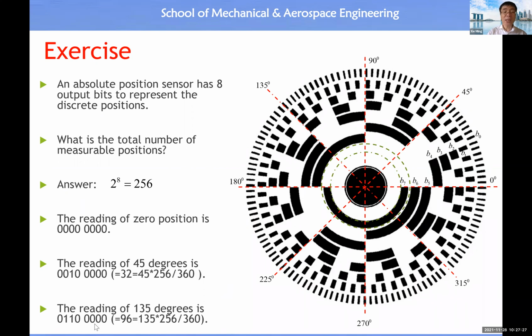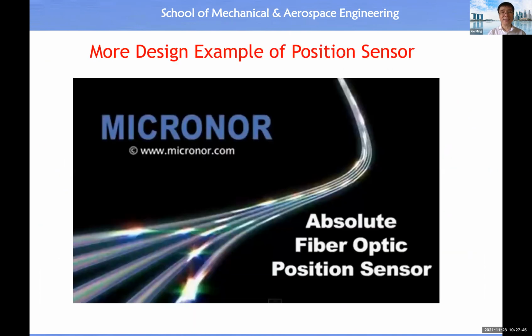Convert it into a binary number, then you have this answer, 01100000. All right, so this is just a simple practice for you to know the relationship between input and output inside this sensor.